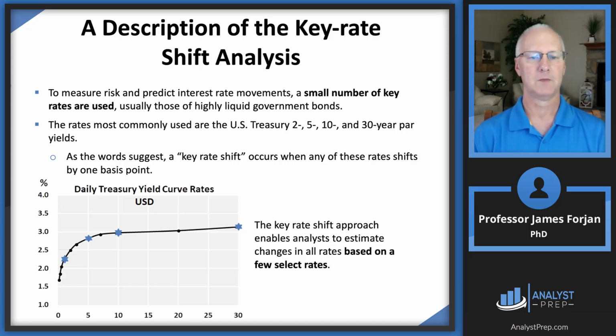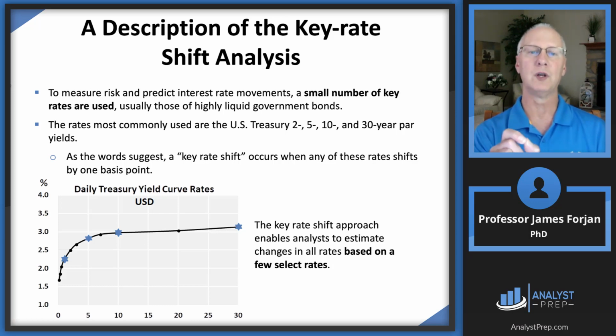All right, let's look at this picture here. We've got 0 to 30 years on the horizontal axis, and we're going up from 1 to 4%. So this is a Treasury yield curve. Note we've got a pretty big steep part there, right? Upward sloping, and then it kind of flattens out. This is maybe a standard, kind of normal yield curve.